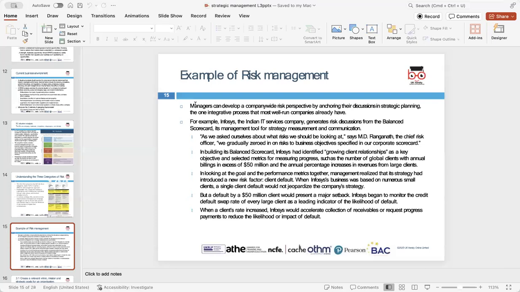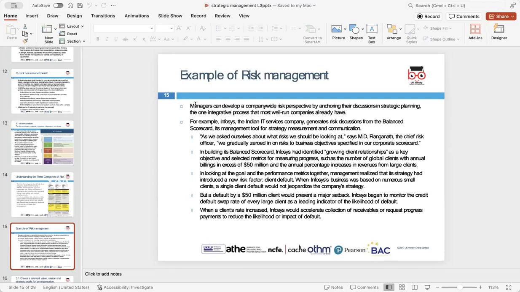A key goal for Infosys was to grow client relationships, measured by the number of global clients with annual billing over $50 million. The company recognized that this strategy introduced a new risk, client default.